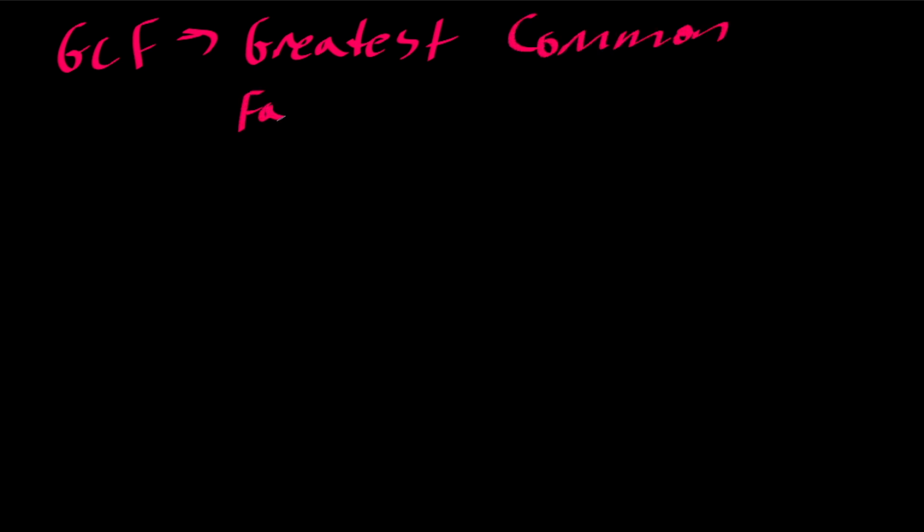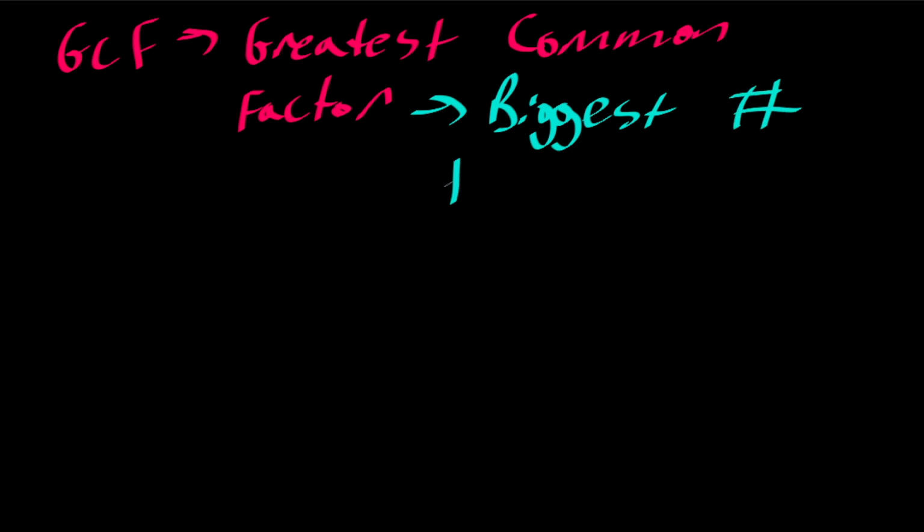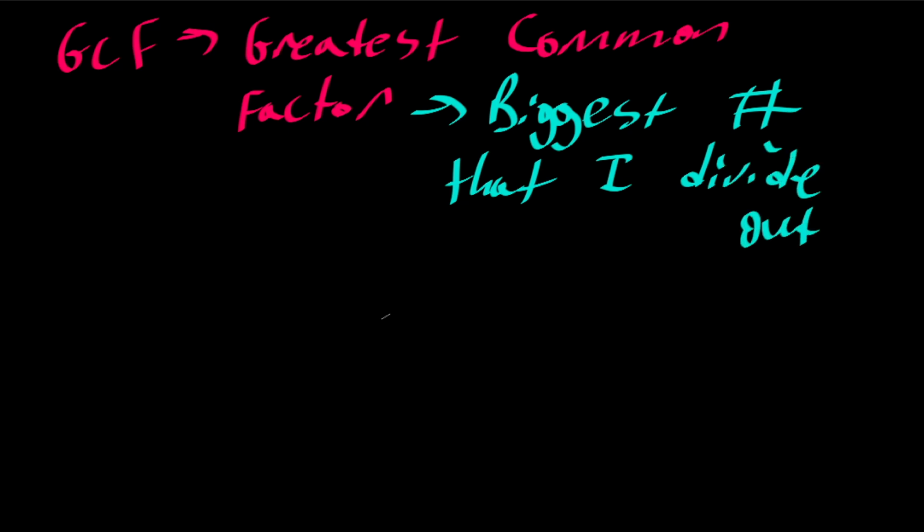Now, the way I view this, I think about the biggest number that I can divide out. So when I hear greatest common factor, I just think, what's the biggest number that I can divide out? All right, so now let's look at a problem and see what this actually looks like.